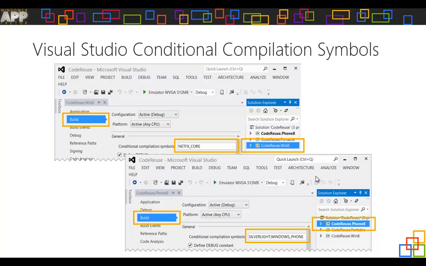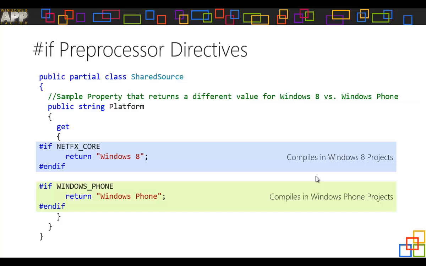And we can use that to create different code blocks using the #if preprocessor directives. So for example, if you look at the source code on the screen, the section highlighted in blue starts with this #if. Now that's a preprocessor directive that the C# compiler is looking for.